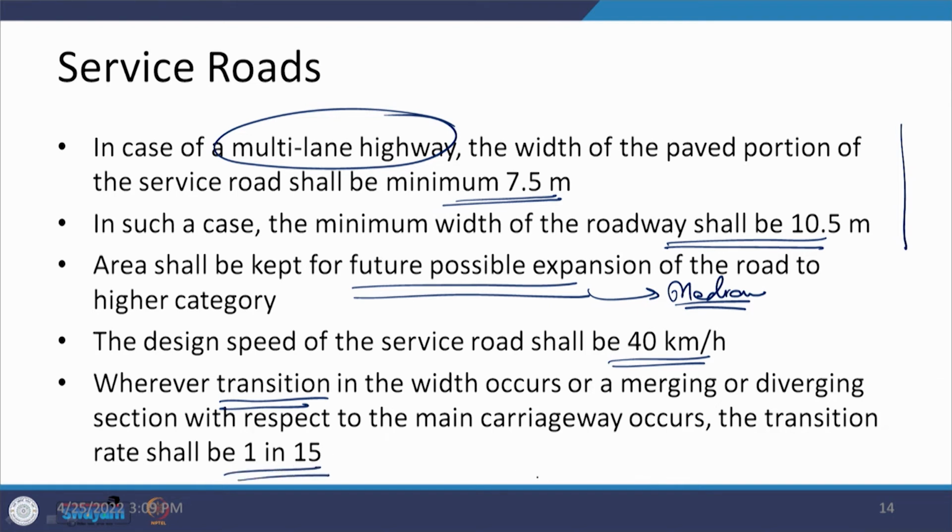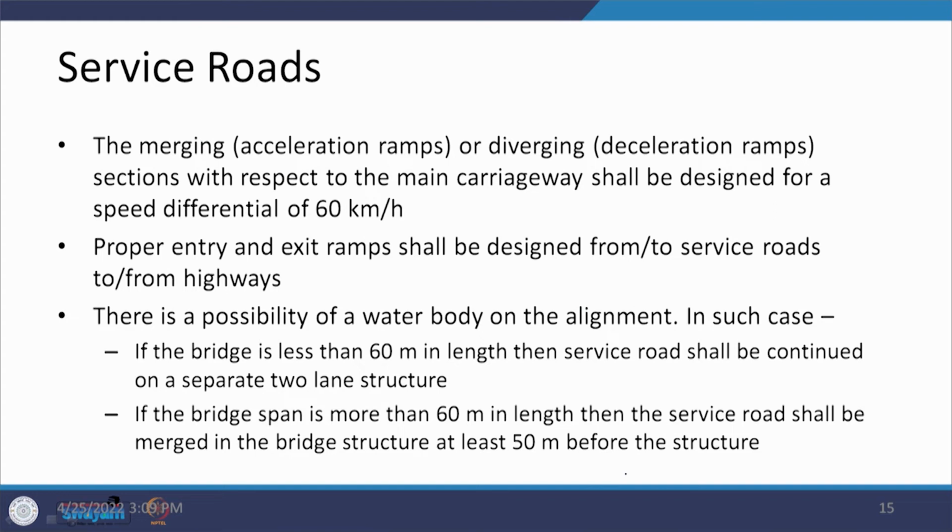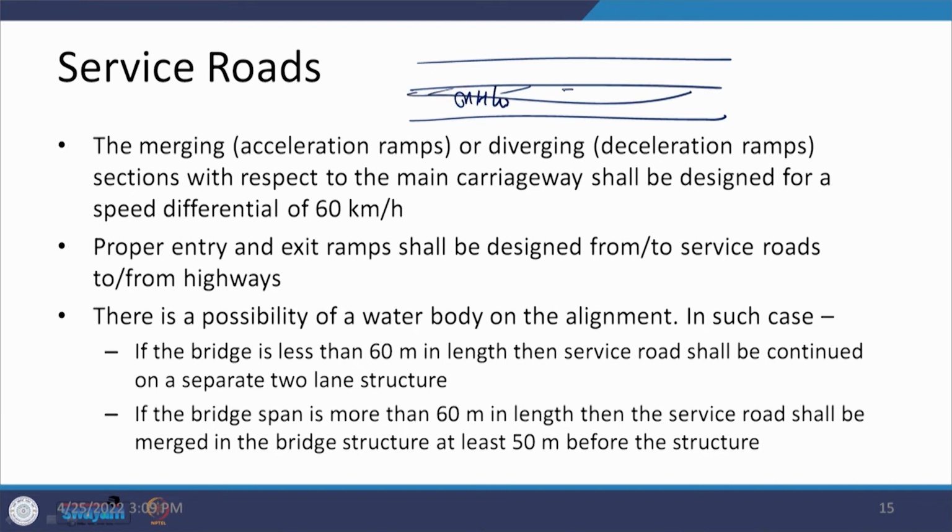It says that if there is a transition and the widths are going to be different, then this rate can be utilized. Now, another thing is that when we say I have a main highway which is a divided system, the traffic is moving in either of these directions and this speed is going to be 80 to 100 kilometers per hour.